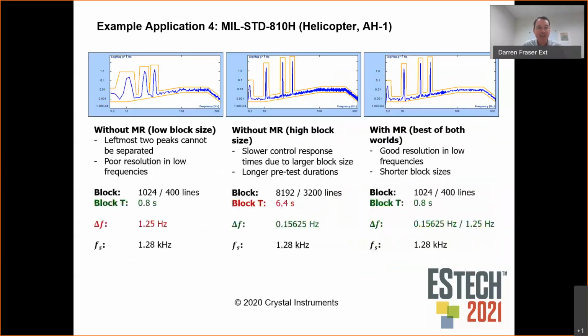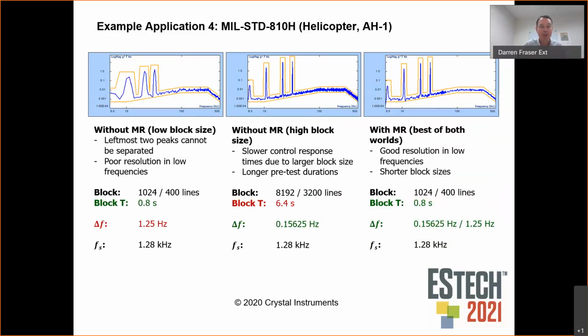In this next slide here, I lay out the differences between using multi-resolution, a larger block size, or trying to achieve the best of both worlds. So to the very left-hand side there, I present a sine-on-random spectrum without multi-resolution and with a low block size.